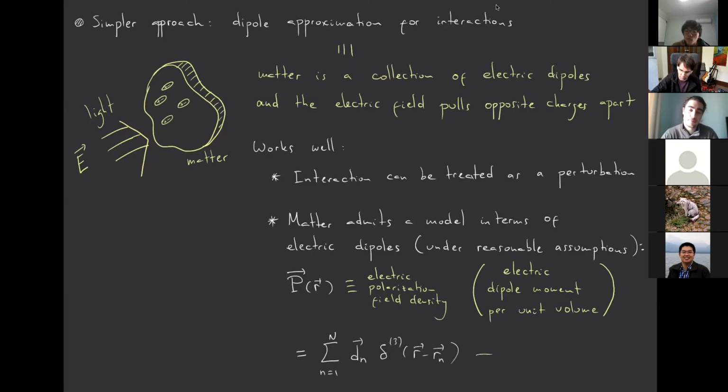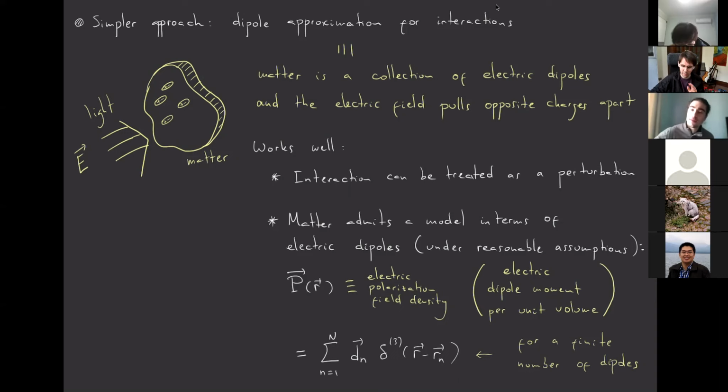So this expression here would be for a finite number of dipoles. Instead of a continuum, I have a finite number of dipoles. This is how you would write the polarization field density.